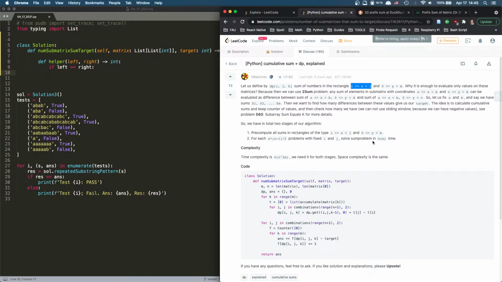So basically we're saying we're going to fix the columns, right? When we fix the columns, we can do a cumulative sum on the rows. And after we do that, we simply run to find the differences. How do we find the differences?